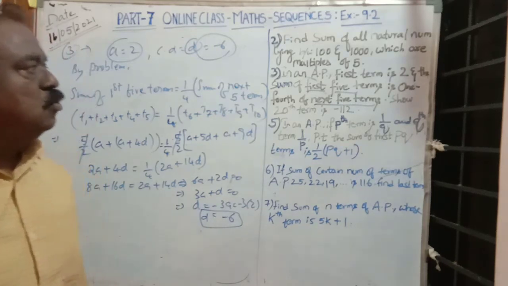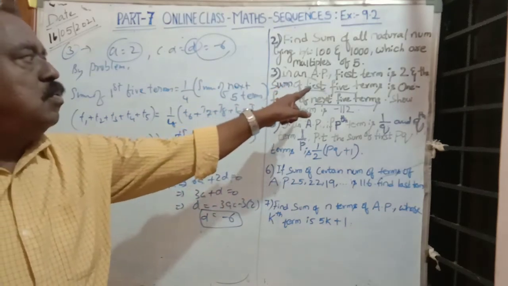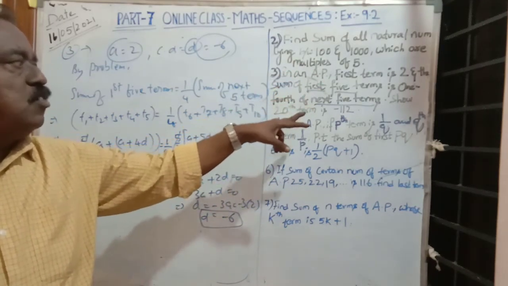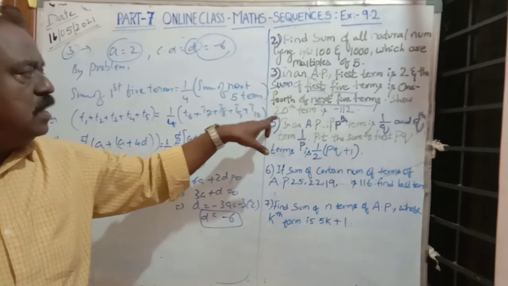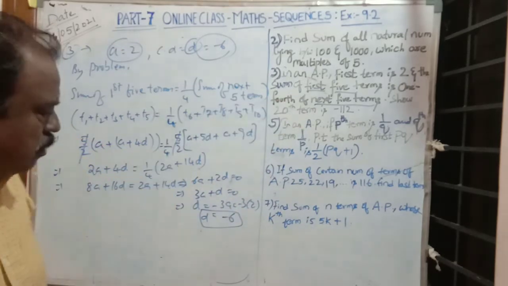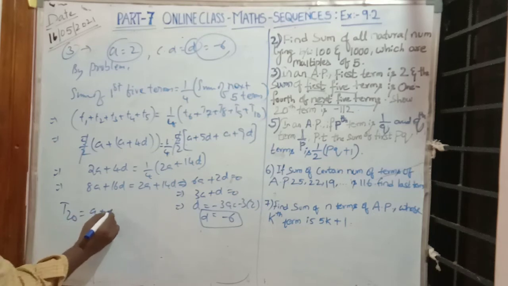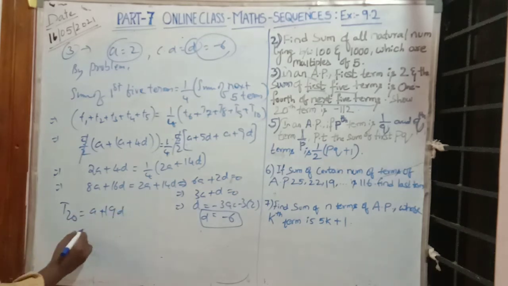Now, in the AP the first term is 2 and the sum condition is given. The question is to show that the 20th term is minus 112. What is the 20th term? Not the sum. T20 is equal to A plus 19D.